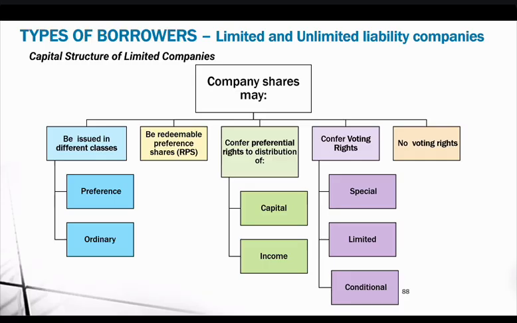That's what they mean by redeemable. You put in the 5 million, after 5 years, you get back the 5 million on top of the dividends that you collected. That's redeemable preference shares. Okay.